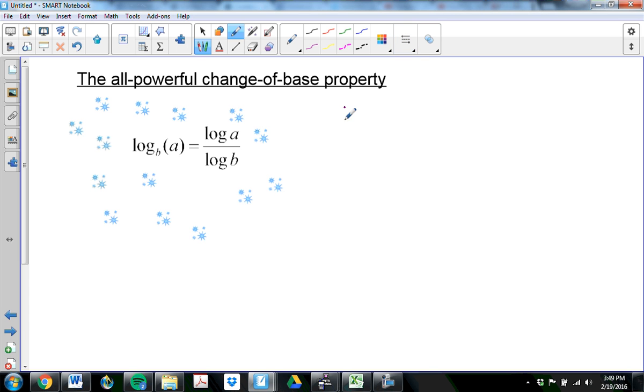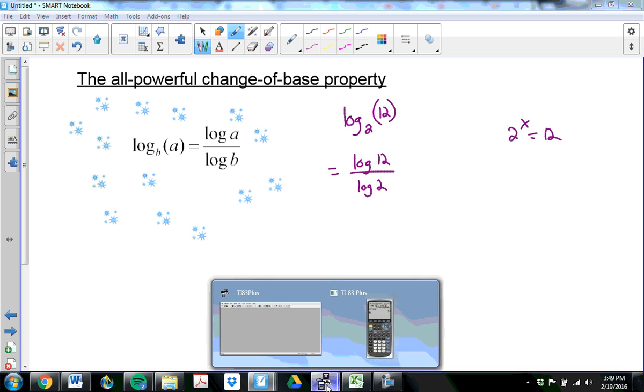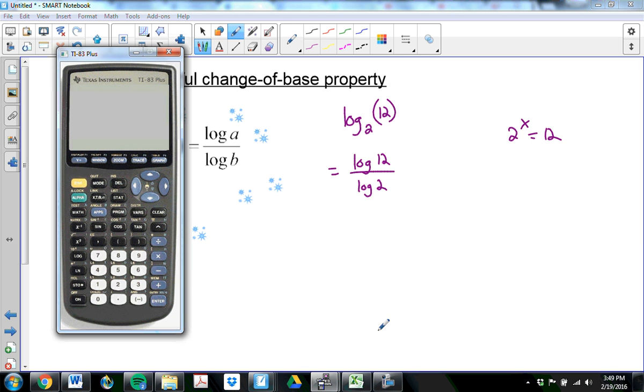So if we wanted to find log base 2 of 12, this is really saying 2 to what power equals 12, which is a question we tried to answer before. Using the change of base formula, I can do log 12 divided by log 2. But this is now written in a base 10 fashion, and my calculator has a log of base 10 on it.